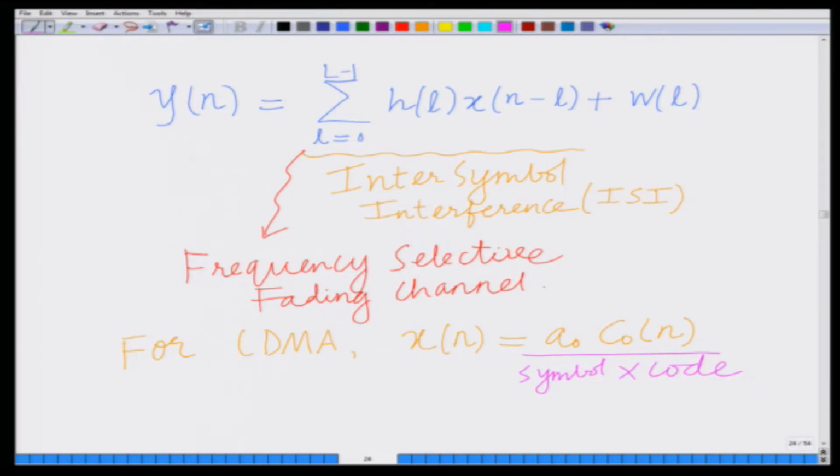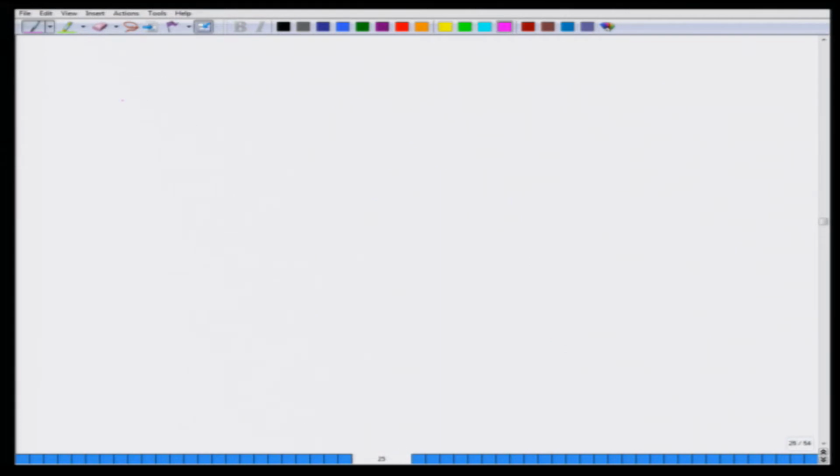Now, let us substitute this xn in the frequency selective system model above, and we will receive yn is equal to summation l is equal to 0 to L minus 1 hl A0 times C0 n minus l plus w of n.